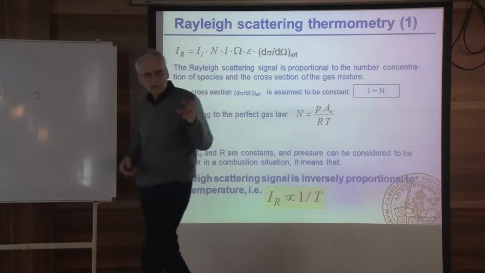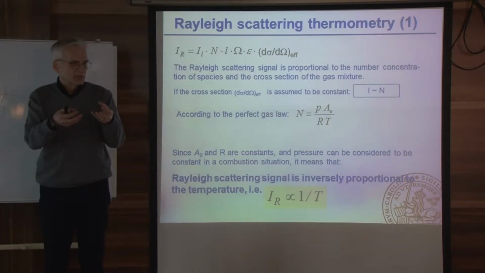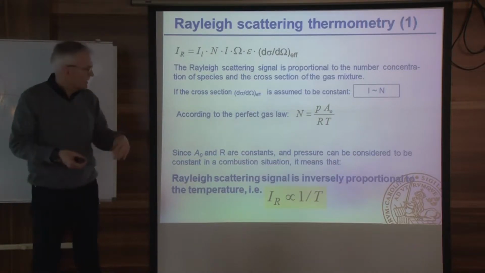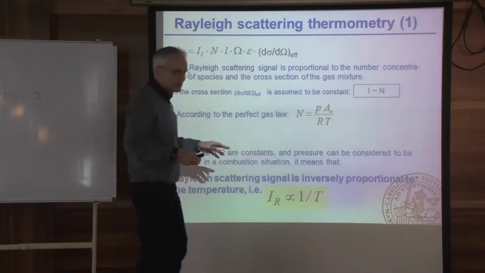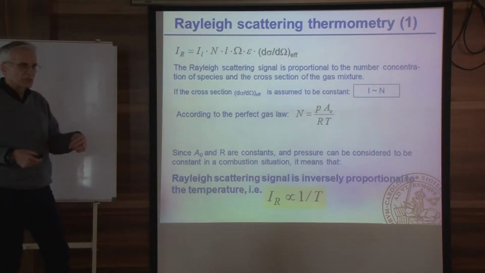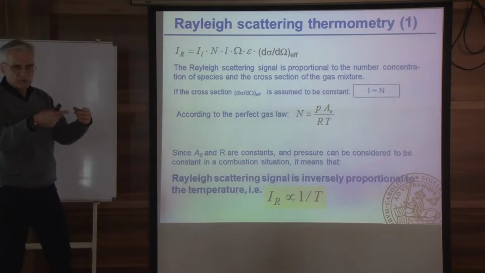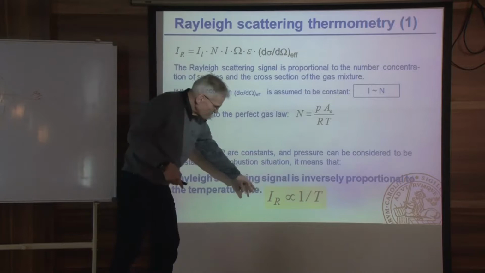So if I have a signal and I heat it up, then the signal goes down, exactly according to this. So it's a very simple way to get the temperature. If the signal goes down by a factor of 2, the temperature has gone up by a factor of 2, according to this.